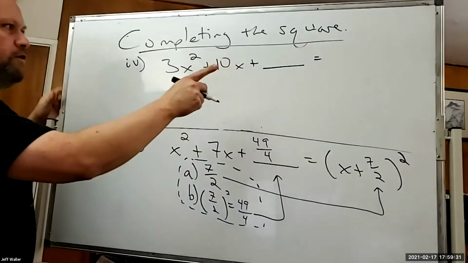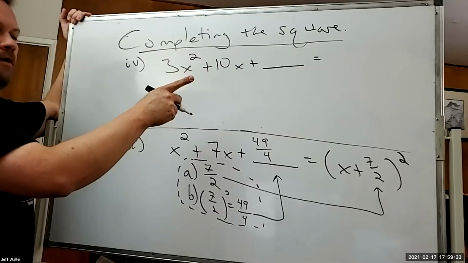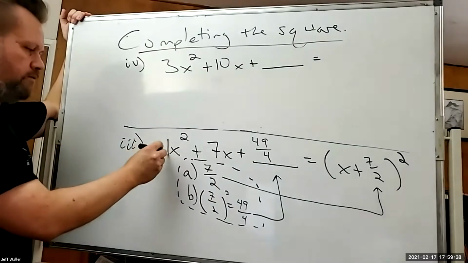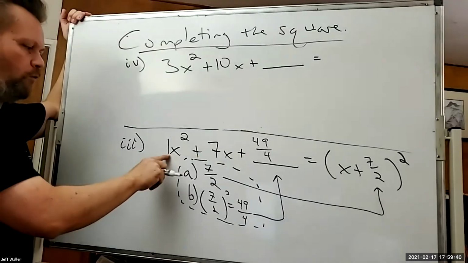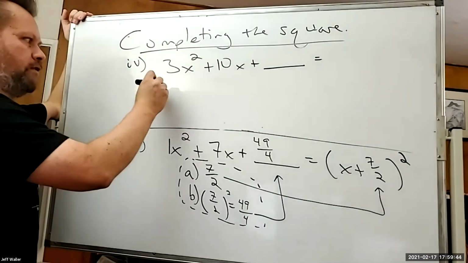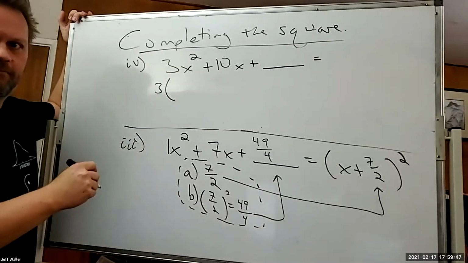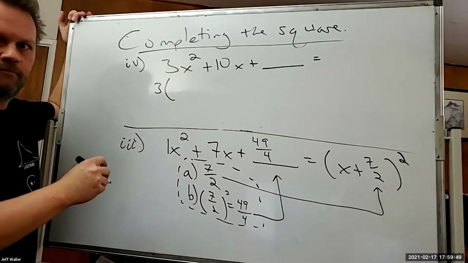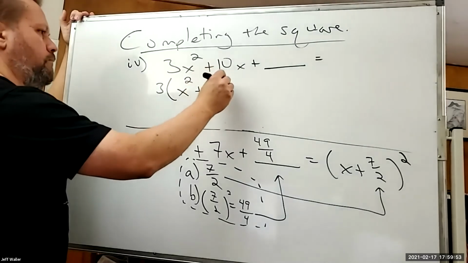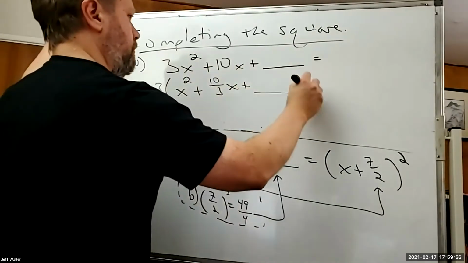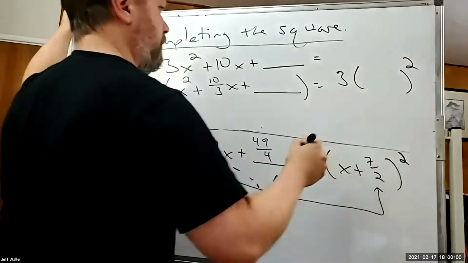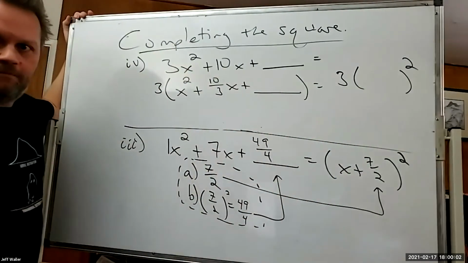All right, so we do have to do a little bit of work here. This is hardwired to work if there's a 1 here. So I have to have a 1 here, so I'm going to have to take a 3 out. So this will be 3 times something squared. You guys see that? The 3 is out now.